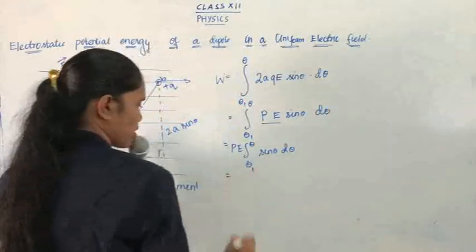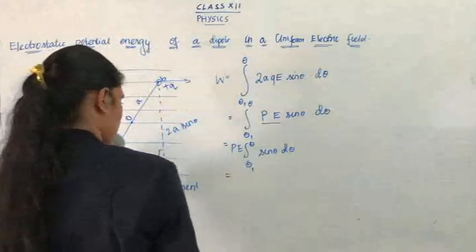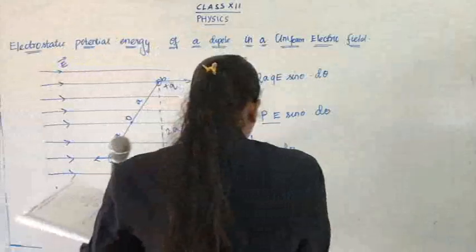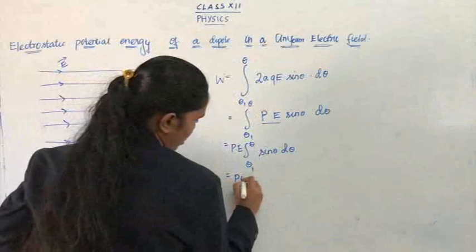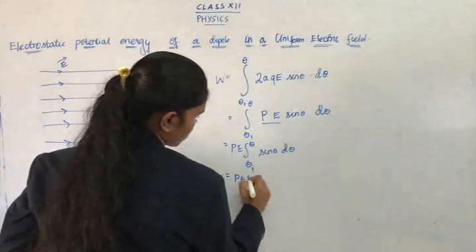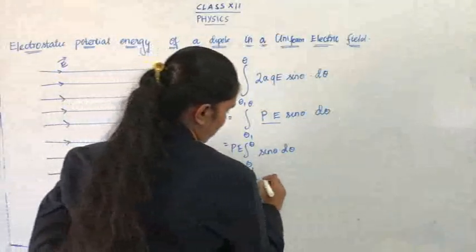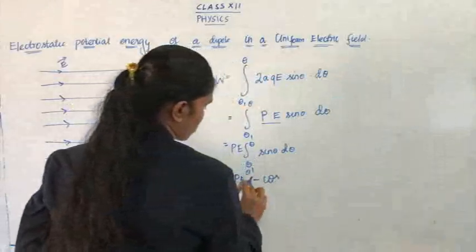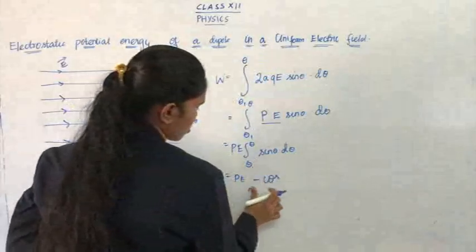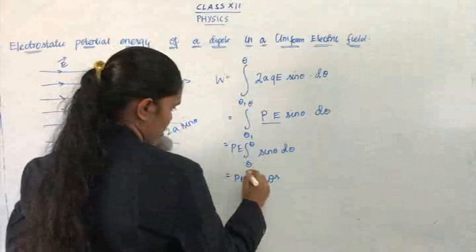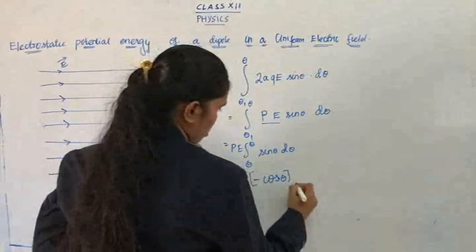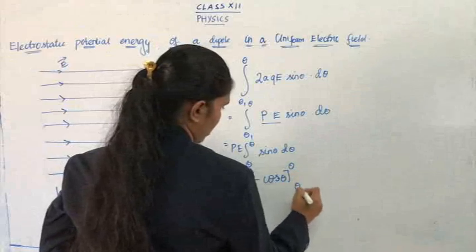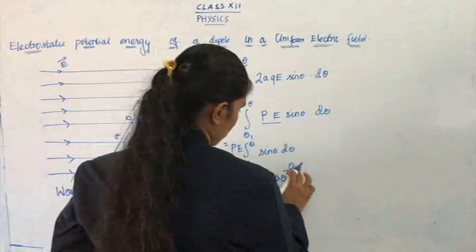Now, what is the integration of sin theta? That is minus cos theta. Now you integrate sin theta, minus cos theta, between the initial and final limits.